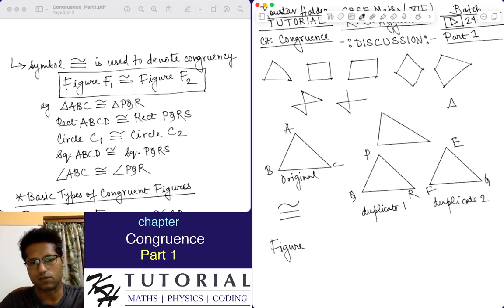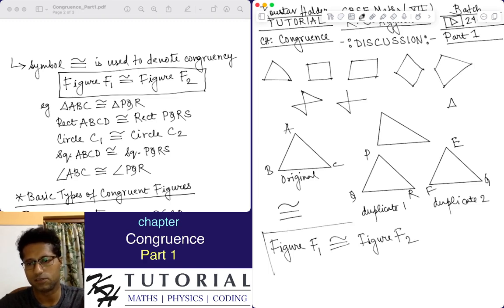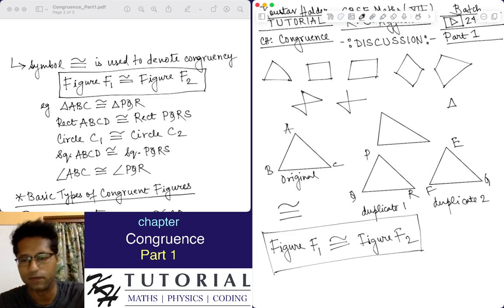Or for squares, it could be SQ. So a word or a little symbol that identifies what kind of figure it is, and then the name of the figure. So name of the figure, I am just writing it F1, and then we use the congruency symbol, and then we write the other figure F2. So this is the general format of expressing congruency between two figures.